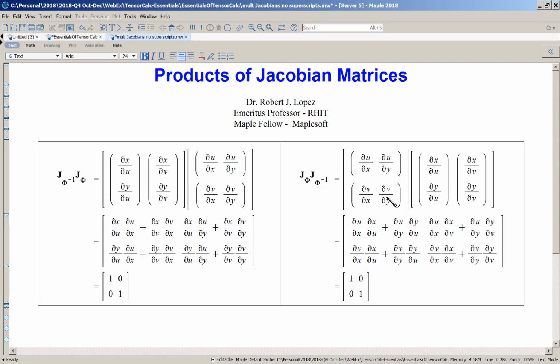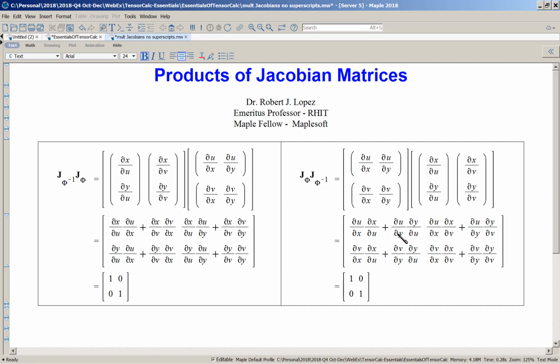This column, the derivative is with respect to y. And this Jacobian matrix we examined over here, and you take the product du dx, that's this term, times the dx du, that's this term, plus du dy, that's this term, times dy du, that's this term.